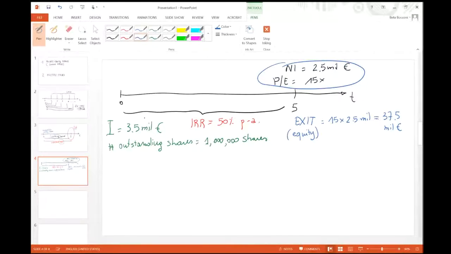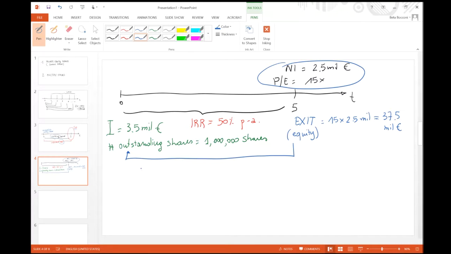But you know that in 5 years' time, we have an expected return for this investment, which is 50% per annum. So you can easily imagine that if we want to calculate how much is the expected value the company must have today in order to allow us to have a 50% per annum internal rate of return, what we have to do is to discount this value, 37.5 million, for 5 years' time at an internal rate of 50%.